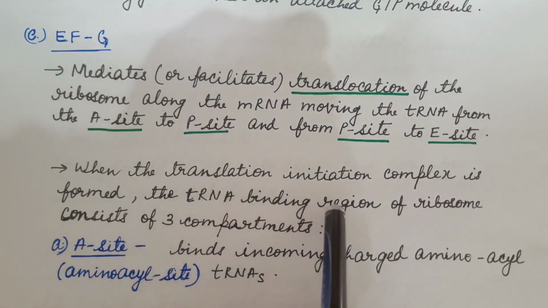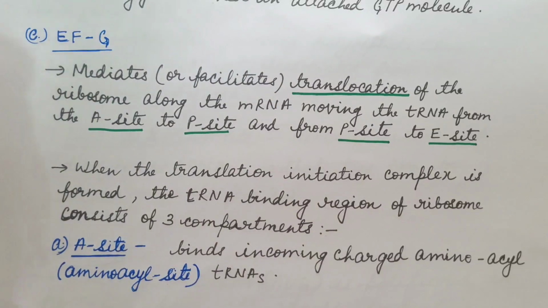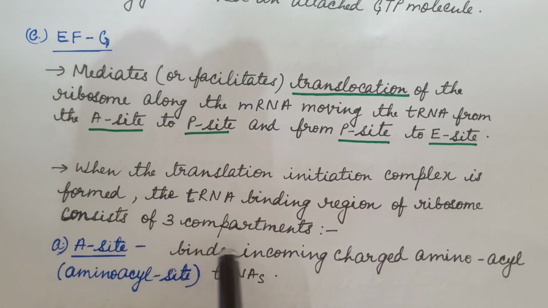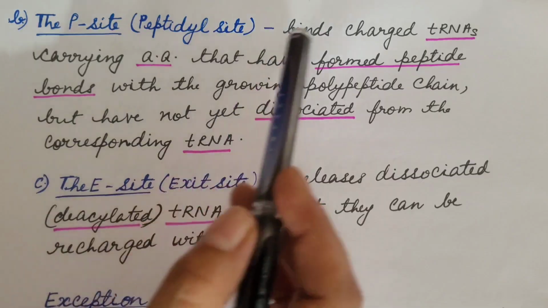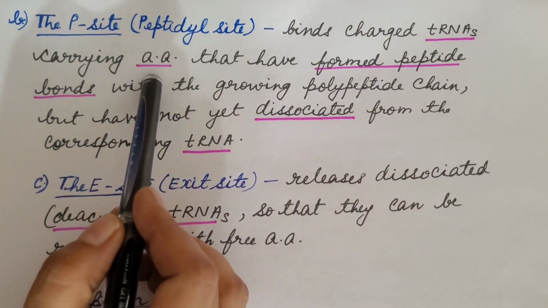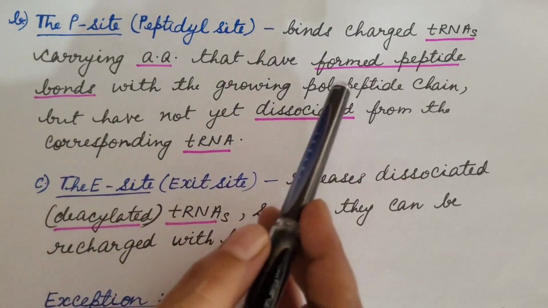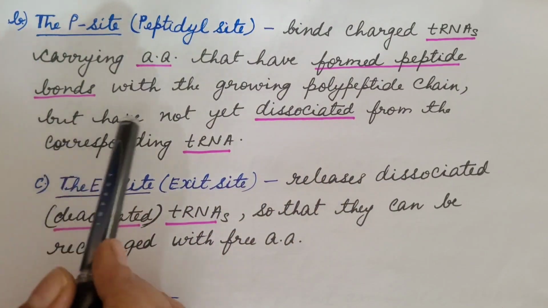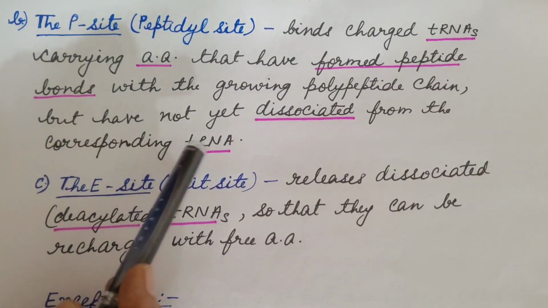The transfer RNA binding region of the ribosome consists of three compartments. First is the A site, that is aminoacyl site. It binds incoming charged aminoacyl transfer RNAs. Second is the P site, that is peptidyl site. It binds charged transfer RNAs carrying amino acid that have formed peptide bonds with the growing polypeptide chain, but have not yet dissociated from the corresponding transfer RNA.